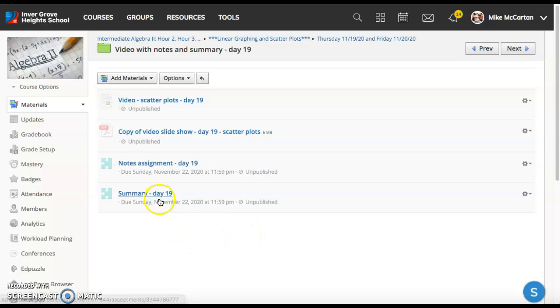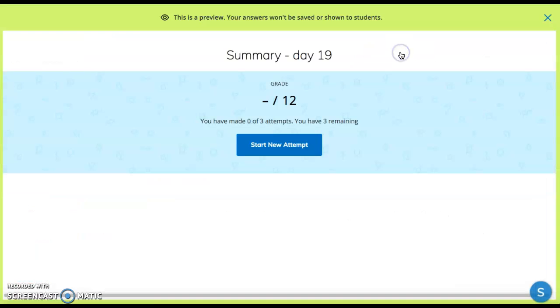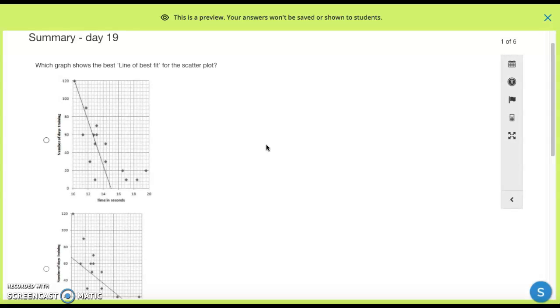All right, this is the day 19 summary. Give you all a minute if you want to try to get there. All right. Which shows the best line of best fit?